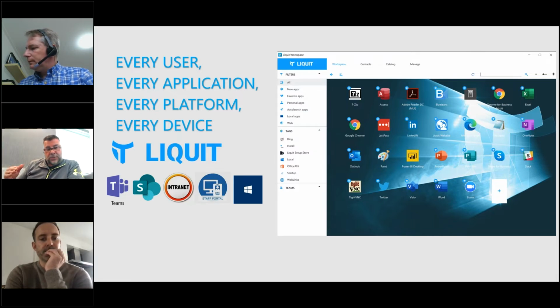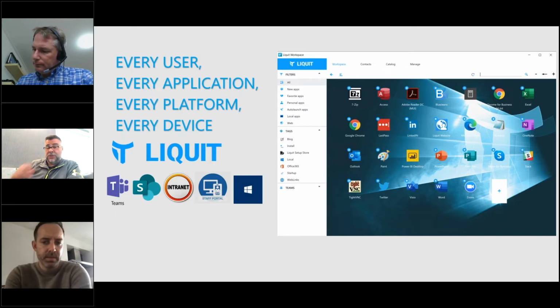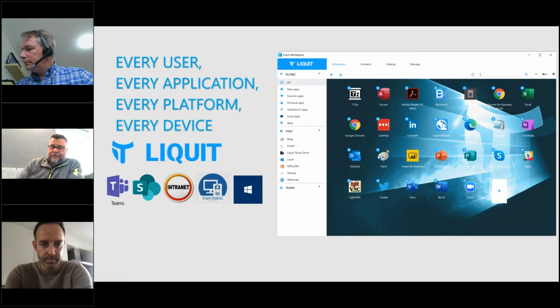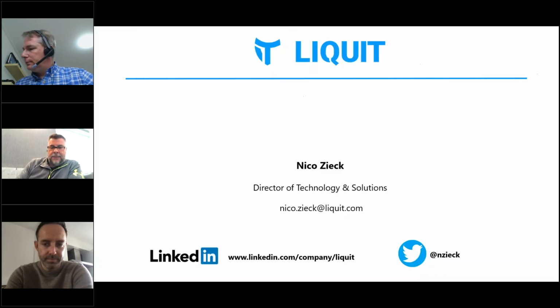But to the user, it's transparent. It really doesn't matter where that application is being provisioned, how it's being provisioned, or whatever. The point is they get the application when they need it, wherever they are. So that's Liquit. And with that, I'll send it over to Nico, who can take it from here.